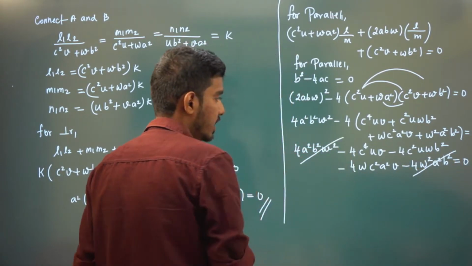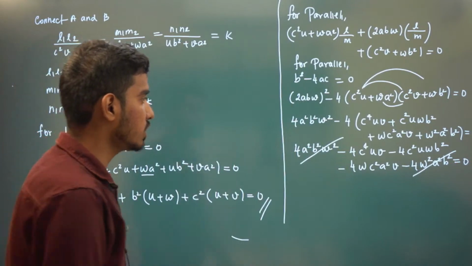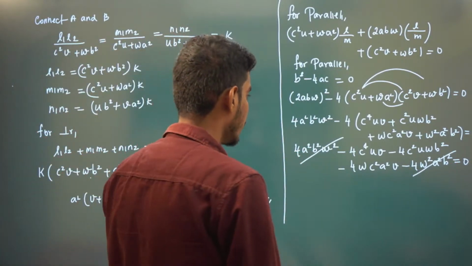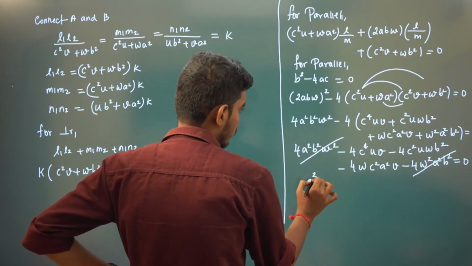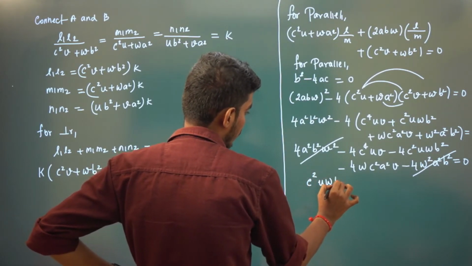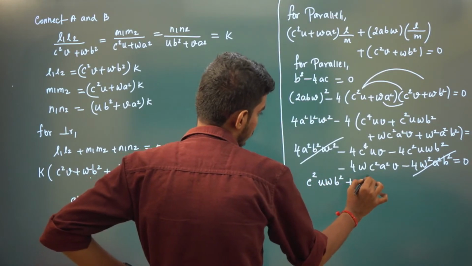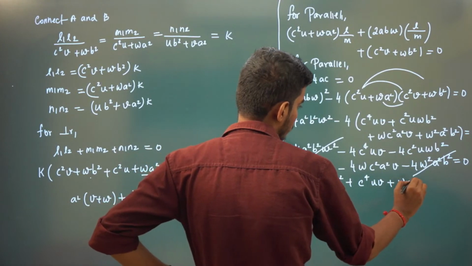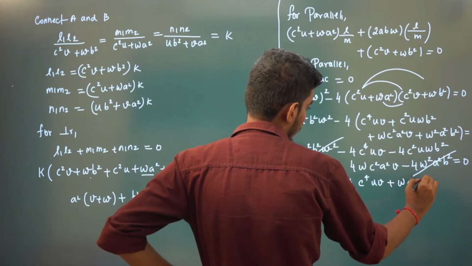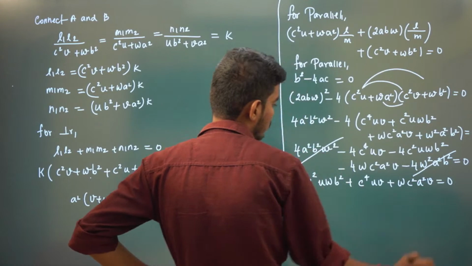So these two terms will get cancelled. Let us take minus 4 outside. If we take minus 4 outside, we will have C square UW B square, C power 4 UV plus W C square A square B is equal to 0.